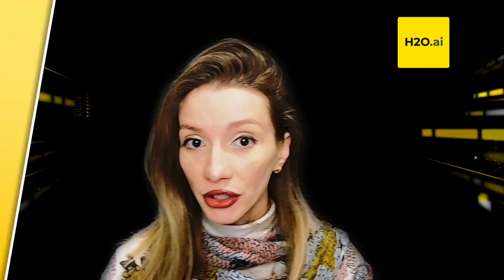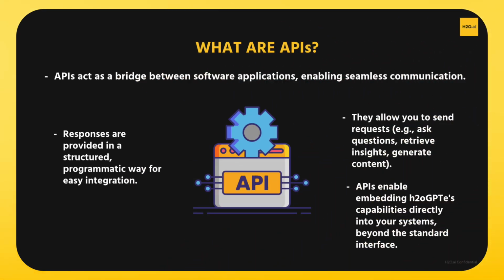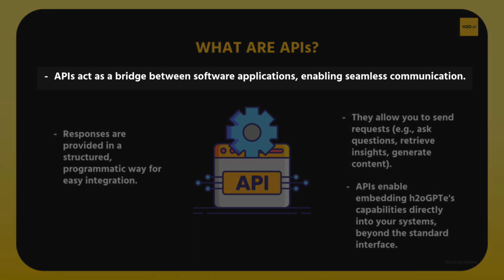But what exactly are APIs, you might wonder, if you're unfamiliar with the term. In this context, APIs, application programming interfaces, act as a bridge that enables different software applications to communicate with one another.